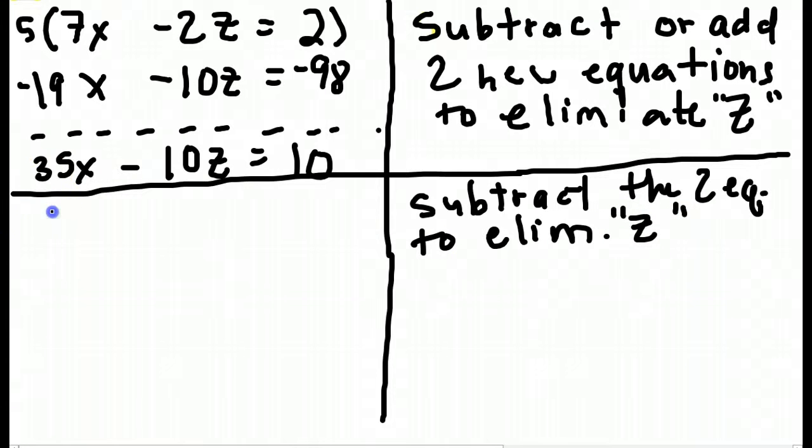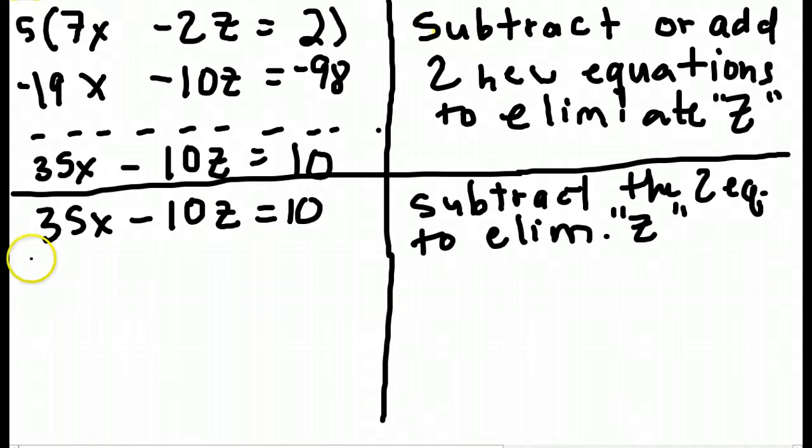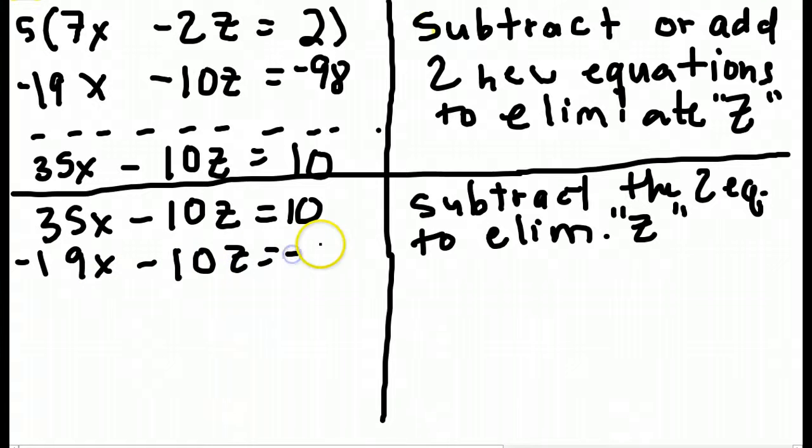We get 35x minus 10z equals 10, and negative 19x minus 10z equals negative 98. So we actually need to subtract this, and we need to make sure we take into account subtraction of each term, which will change our signs. So 35x minus negative 19x.